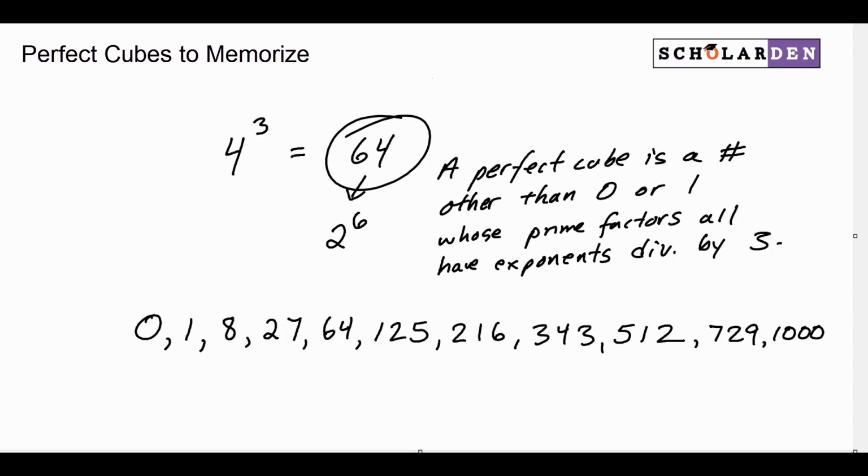It's also a good idea to memorize the first few powers of the lower integers. Now 0 to a power is 0, and 1 to a power is always 1, so that's not anything too interesting.